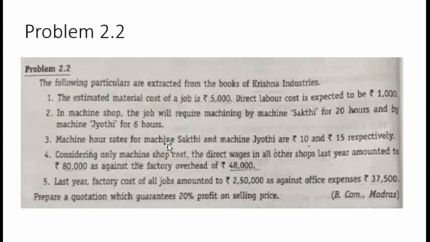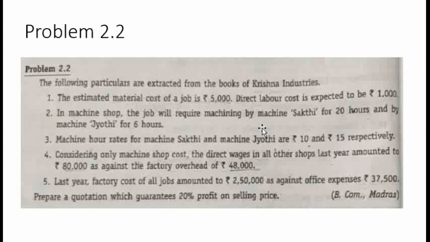The machine hour rates of machine Shakti and machine Jyoti are given. For Shakti it is 20 hours at the rate of 10, and for Jyoti it is 6 hours at the rate of 15. Then factory overhead: machine hour expenses, which kind of expenses do they come under?